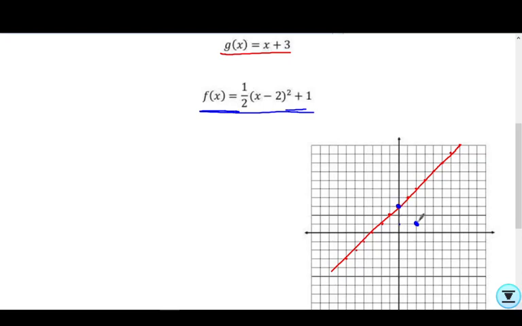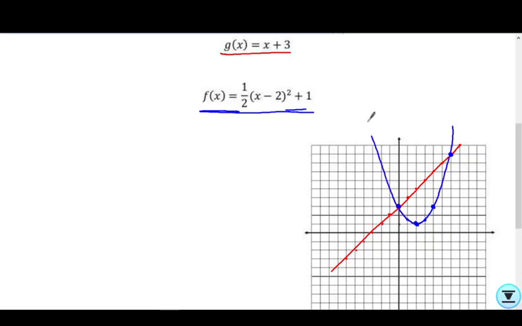It's been cut in half. Same thing here. Over 2 up 2. 1, 2, 3, 4. And then here. So this is my function.